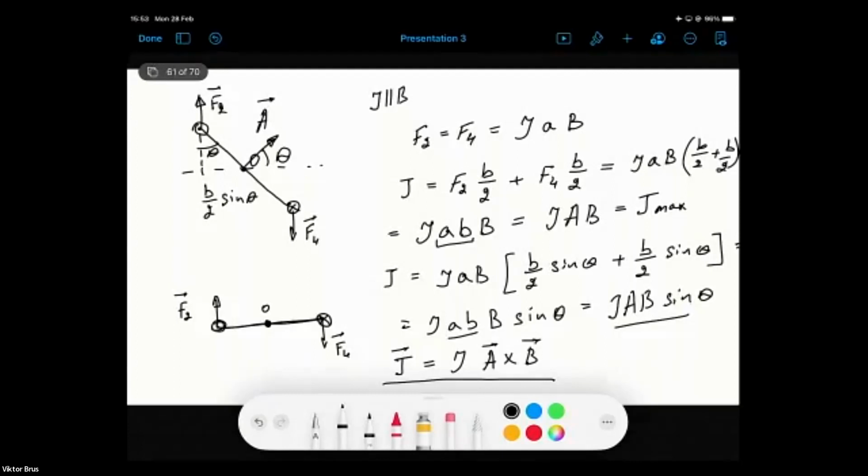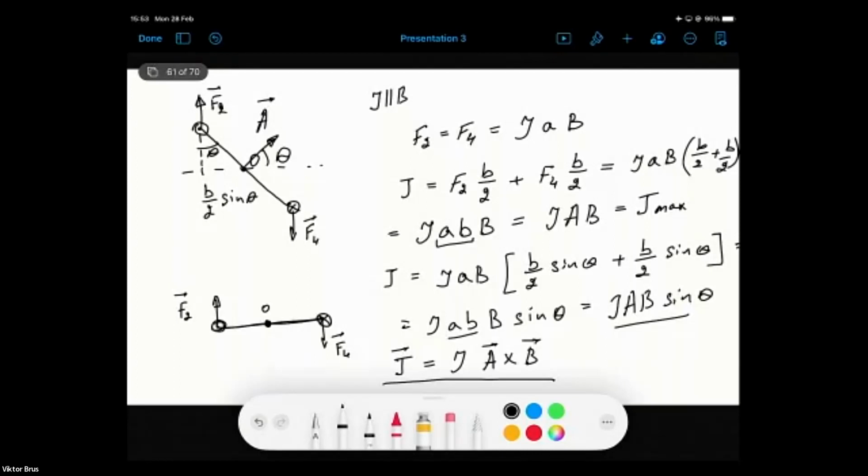We also calculated the torque exerted on a current loop placed in a uniform magnetic field when some current flows through the loop.